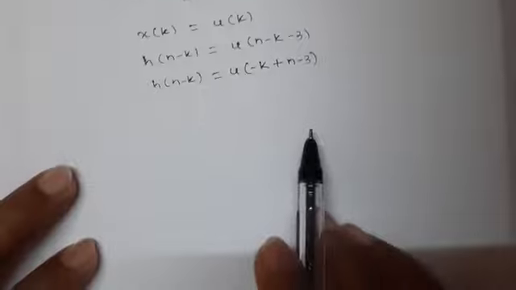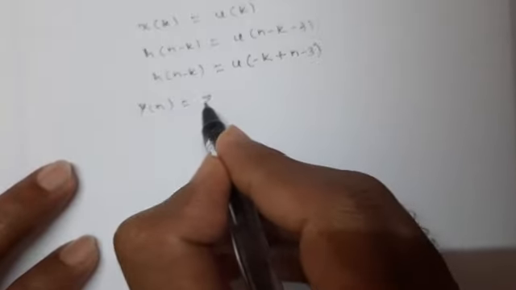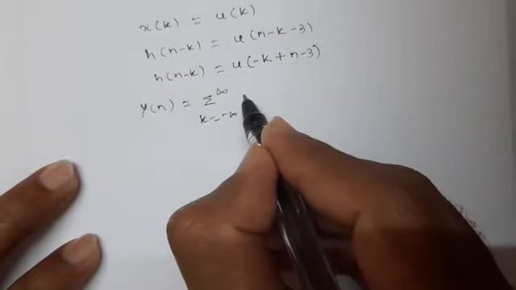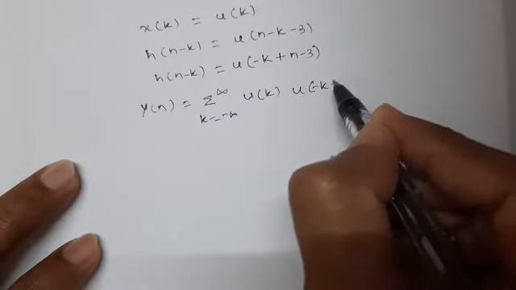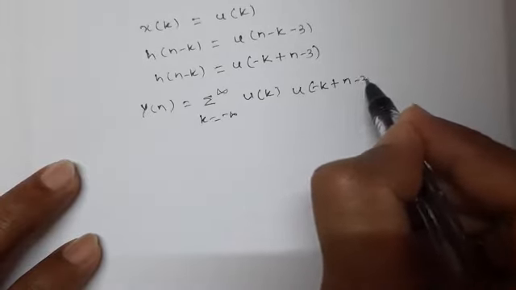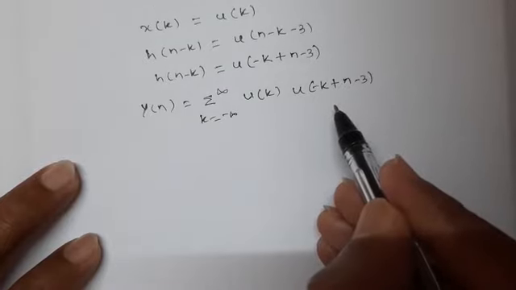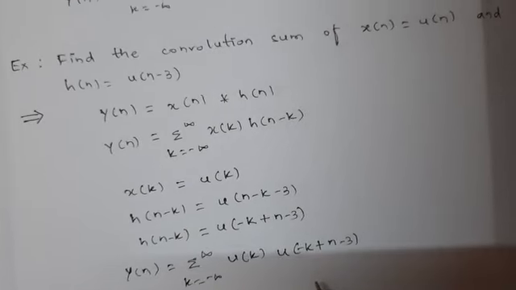Substitute in that equation. y of n is equal to summation k equal to minus infinity to plus infinity u of k, u of minus k plus n minus 3. The same equation can also be written in terms of h of k and x of n minus k.